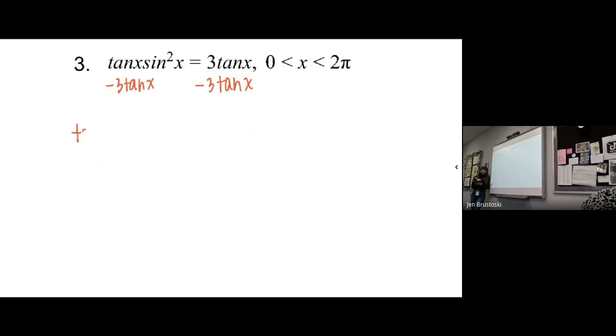So I have tangent x sine squared x minus 3 tangent x equals 0. I'm going to call tangent x a and sine x b.